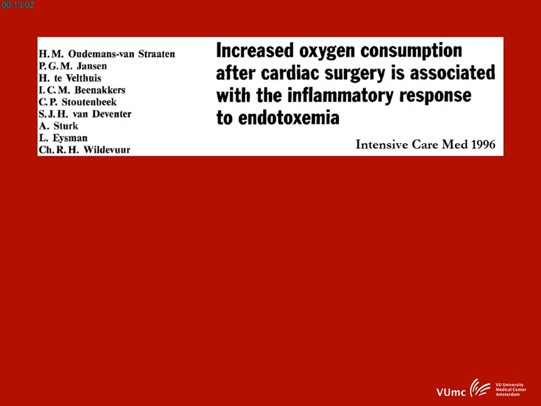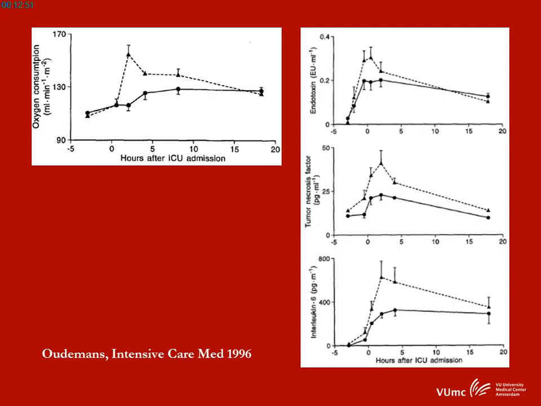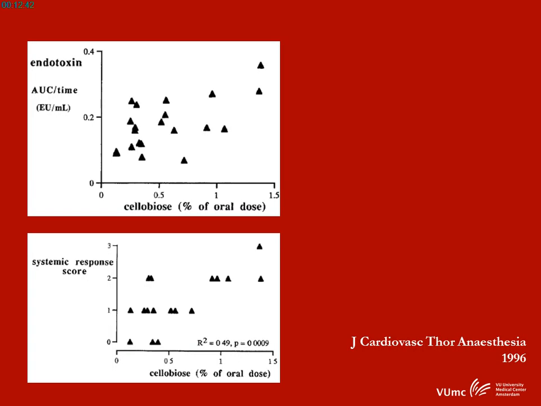It's a long time ago that we found that increased oxygen consumption after just uncomplicated cardiac surgery was associated with endotoxin in the blood and the release of inflammatory mediators. This was just an association, but we also looked at the permeability of cellobiose, at intestinal tract permeability, and it was related to the area under the curve of endotoxin.